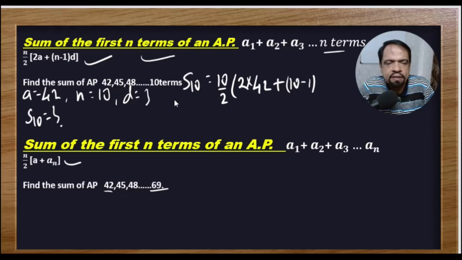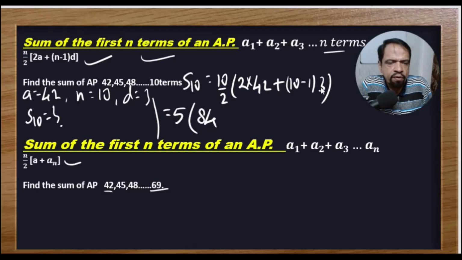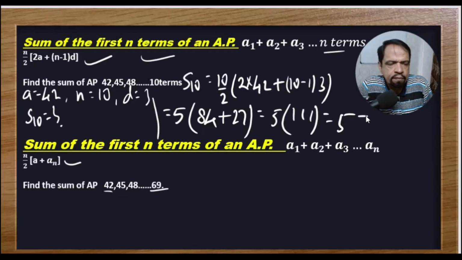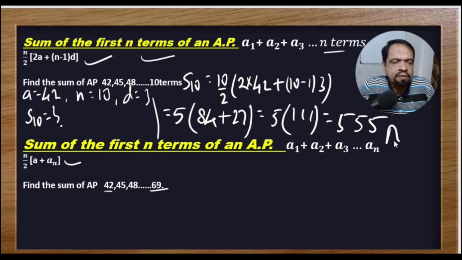Common difference d is 3. 84 plus 9 into 3, that is 27, so the answer is 555. This is the sum of 10 terms of this series.